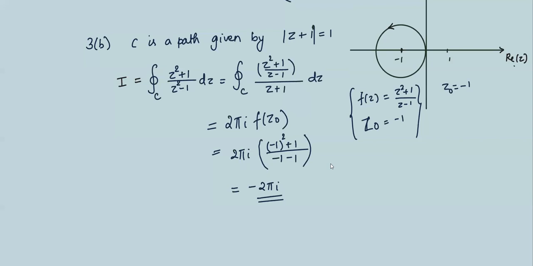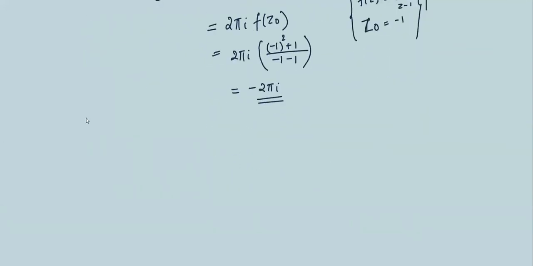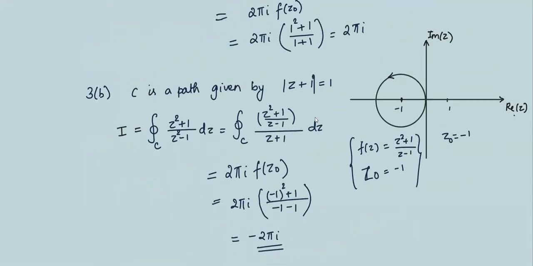Next. C is a path given by modulus of z minus i equal to 1. So let's use the same figure.